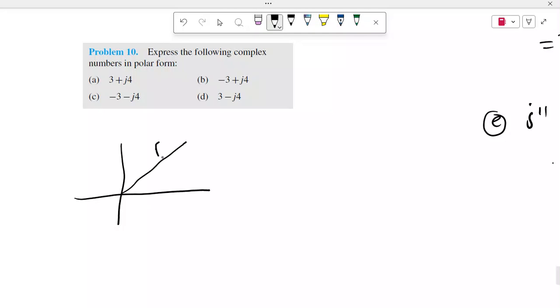So you have the r here, then we have an angle theta. This one is the imaginary axis. So this is the j component because the j is imaginary. Then this is the real axis.